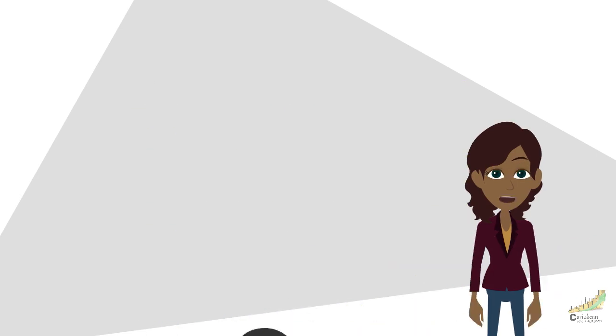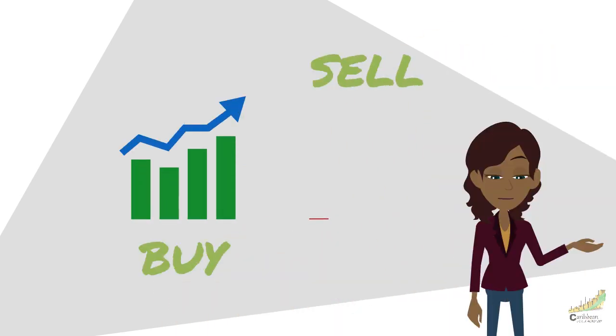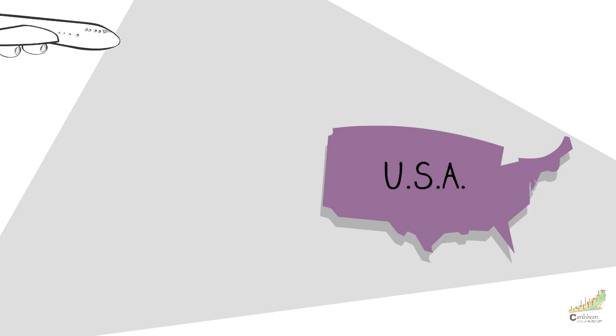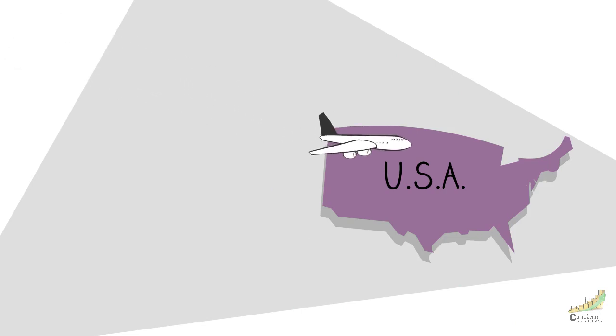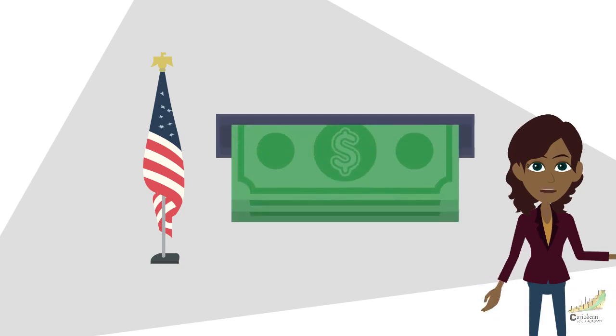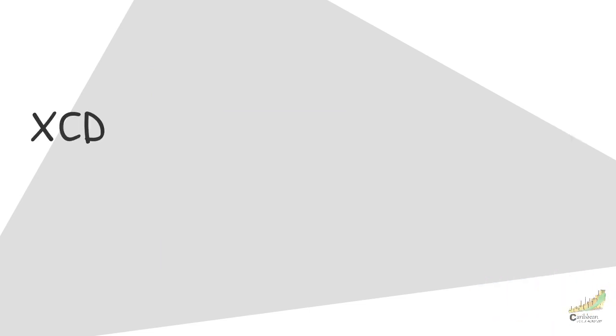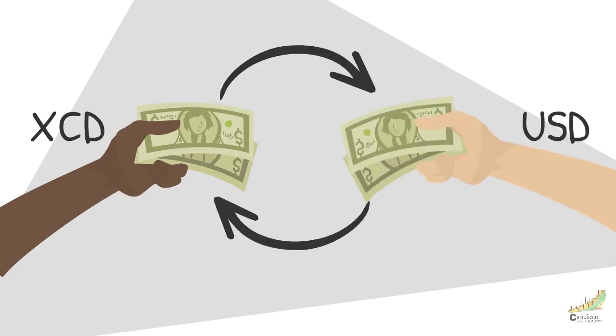A transaction can be made by either buying or selling. For example, you travel to the United States for vacation. During your stay, you would have to use the United States dollar to make purchases. And so, you would have to go to the bank or cambio to exchange your Eastern Caribbean dollars for United States dollars.